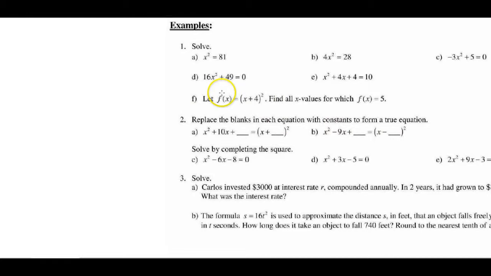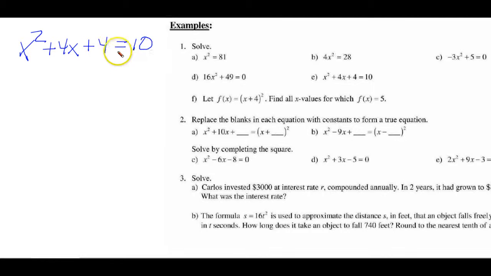All right, now as we look at letter E, when I first looked at letter E, well, let's write it out first. x squared plus 4x plus 4 equals 10.